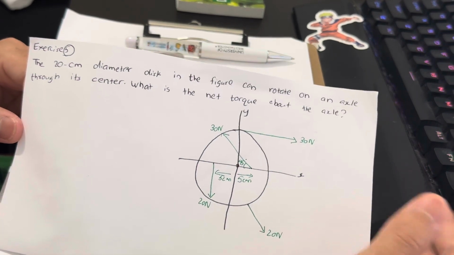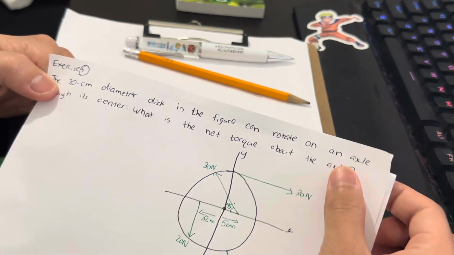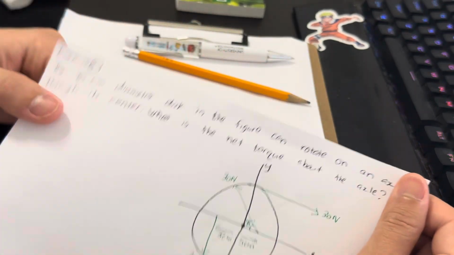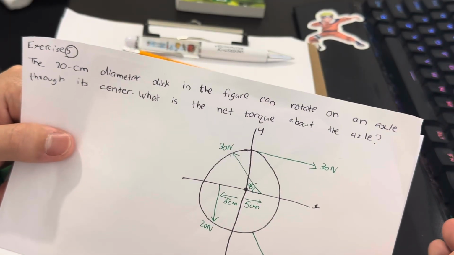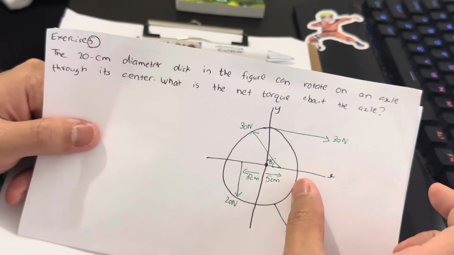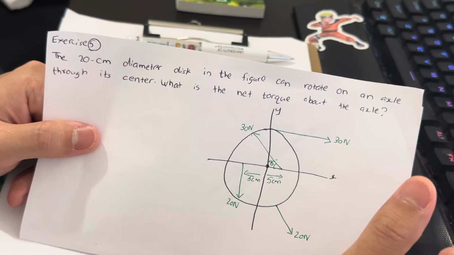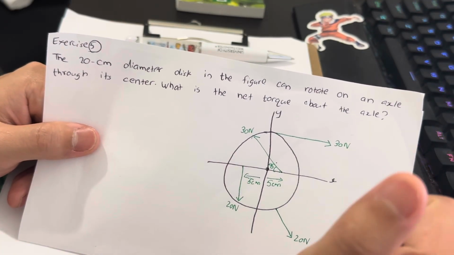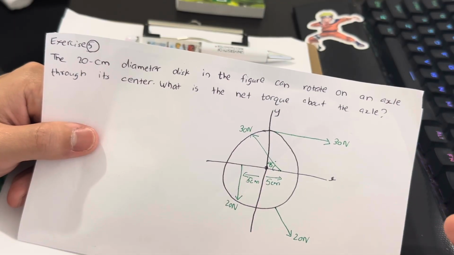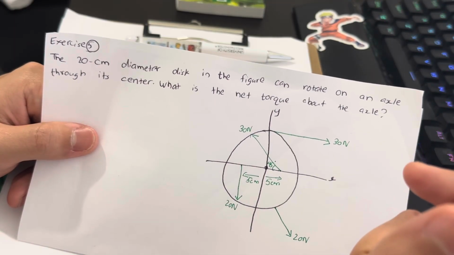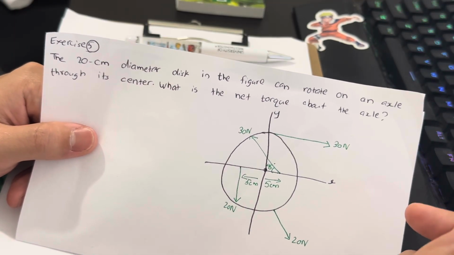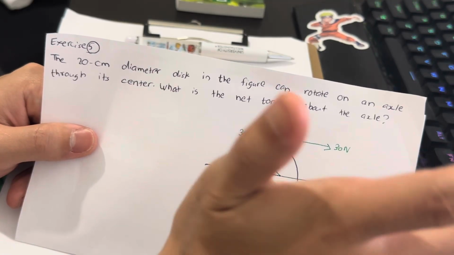I'm pretty sure, because this is one of the problems professors like, because that way they can test how you learn about the net torque, how you find the net torque, and then how you use the right hand rule.